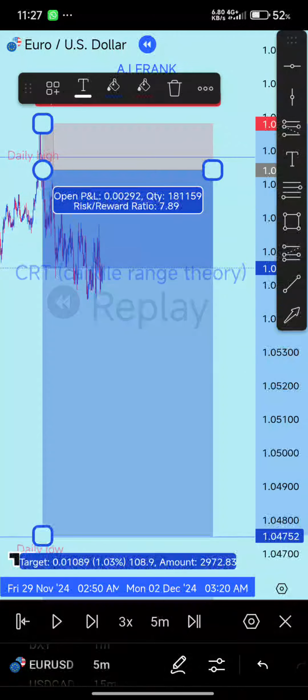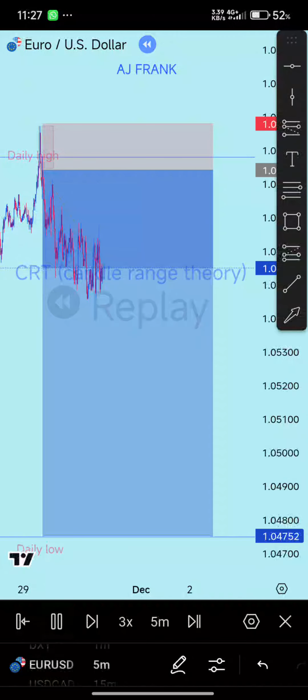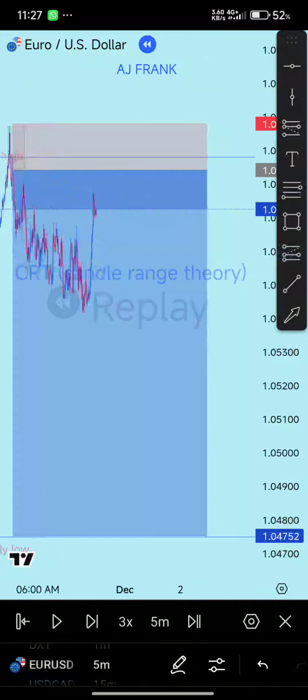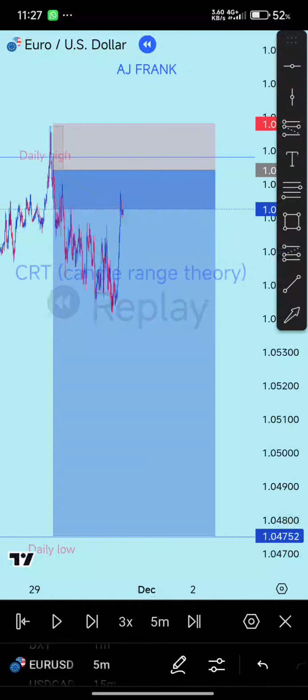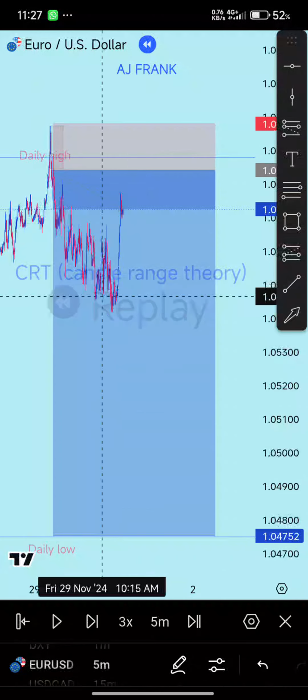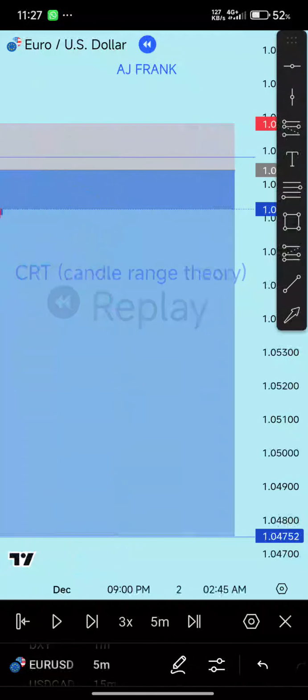Walk with me, guys. So we have entered New York session. So you can see what happened right here. New York session.